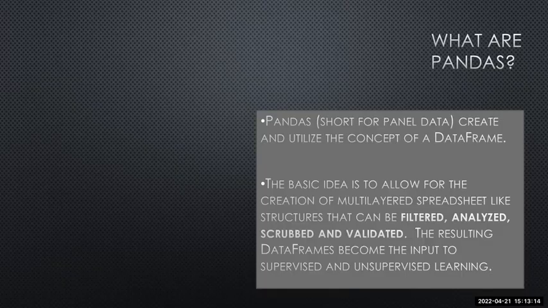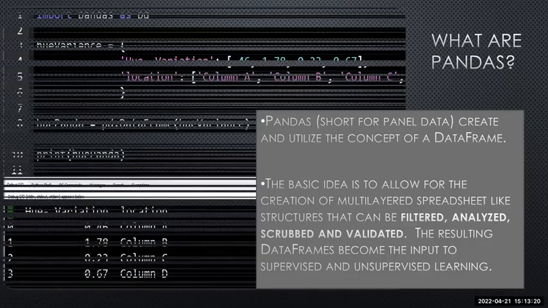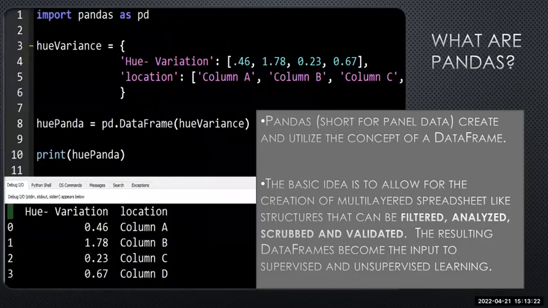The results here ultimately become data frames that we can utilize from a supervised or unsupervised perspective. So in the end, again, taking data in one representation and being able to convert or view that data in another form without having to manually make that transformation for us.